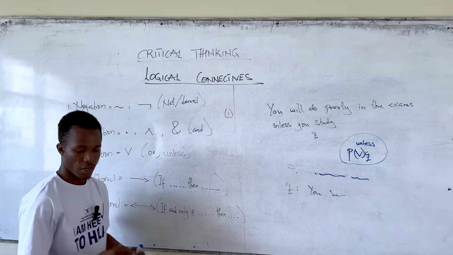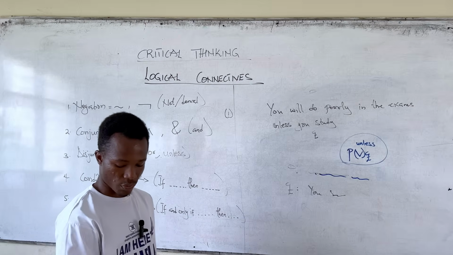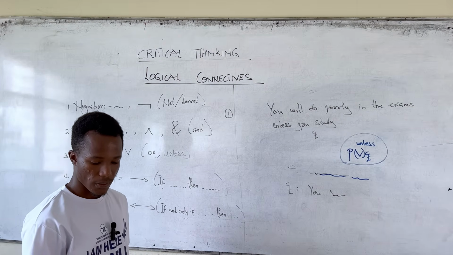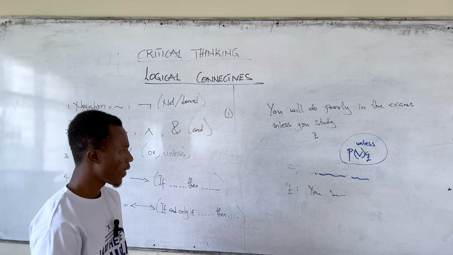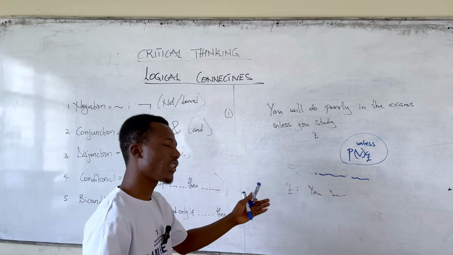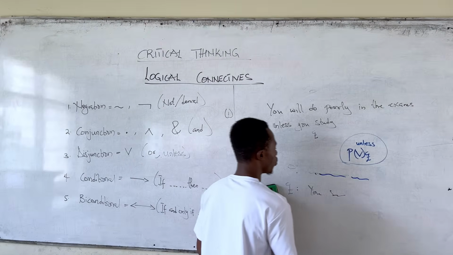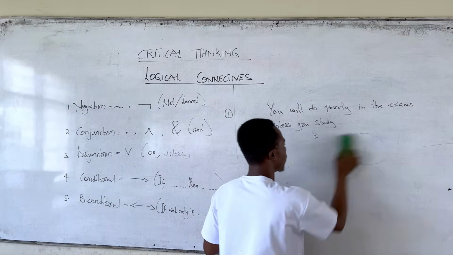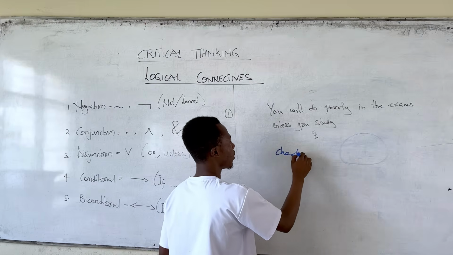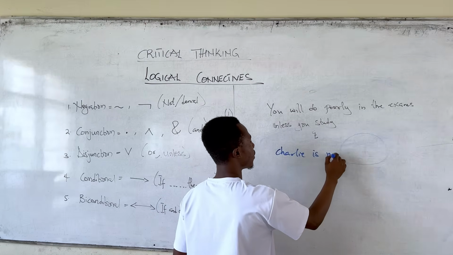Alright, so I want more examples. Okay, we can use the first one. Charlie is neat, Charlie is sweet. Let's use that one too and see. Let's say Charlie is neat.